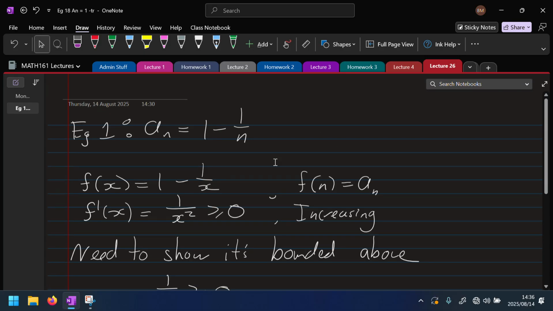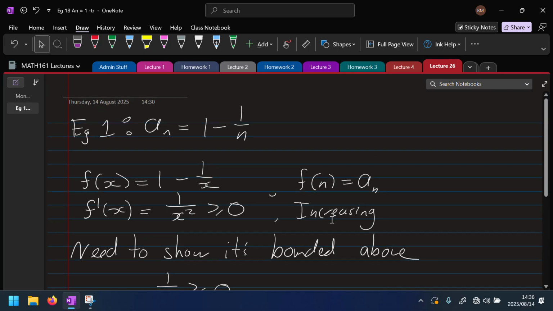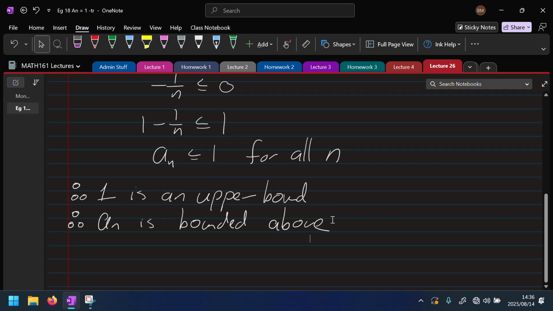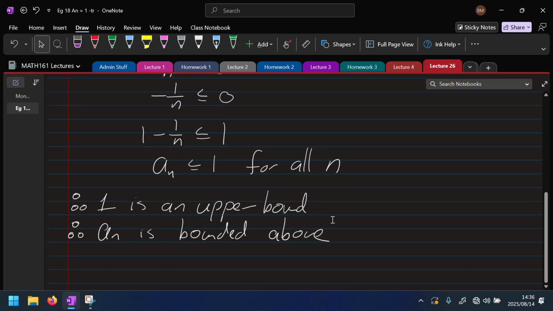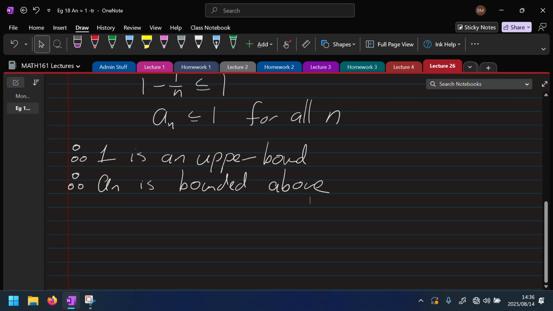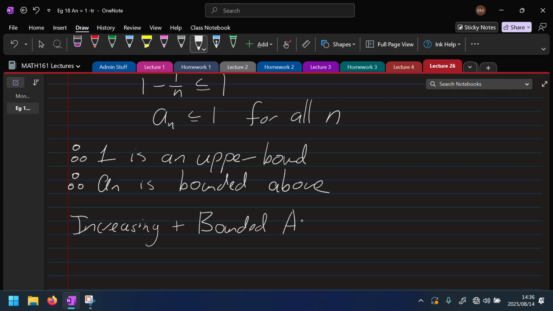So what do we have? We have that it is increasing, and we have that it is bounded above. So what can we conclude? It's convergent. Increasing plus bounded above, so automatically it is convergent.